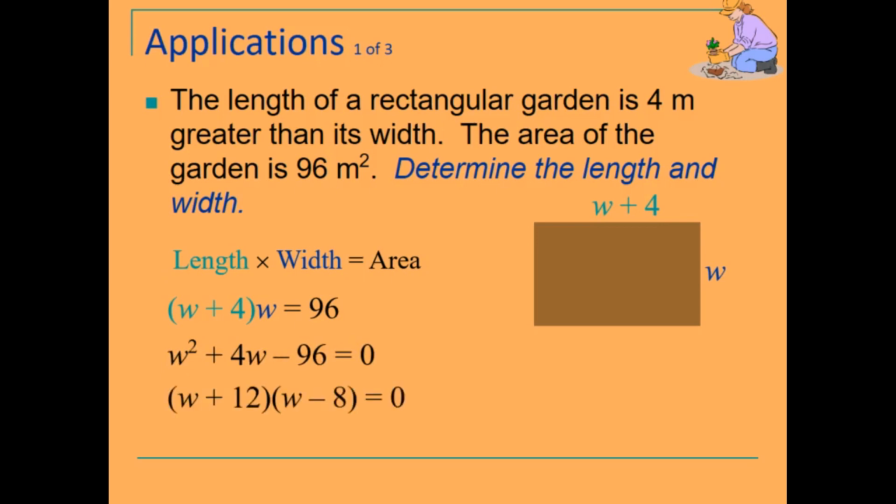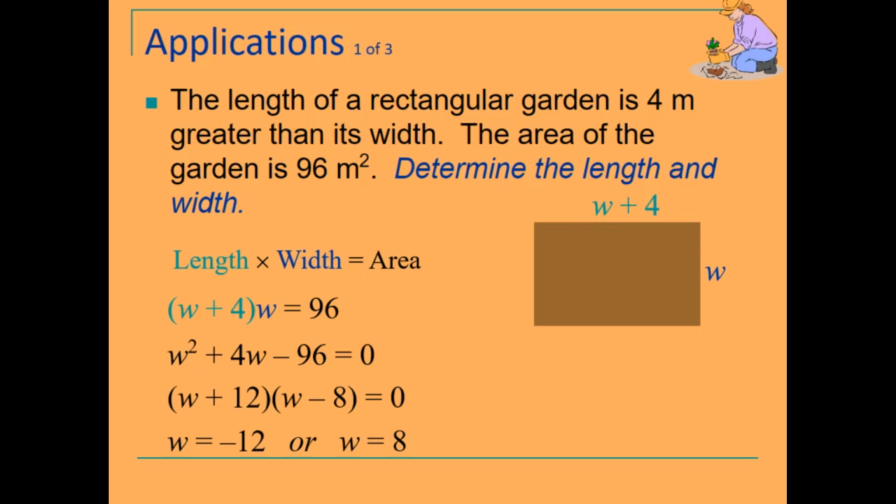Next, we'll factor. Factoring results in the following two binomials multiplied together, and using the property of zero products, we'll set each of these factors, w plus 12 equal to 0 and w minus 8 equal to 0, and solve for the variable, which results in w equal -12 or w equal 8.